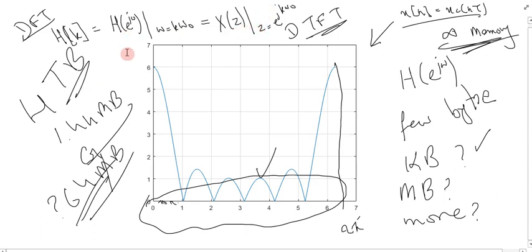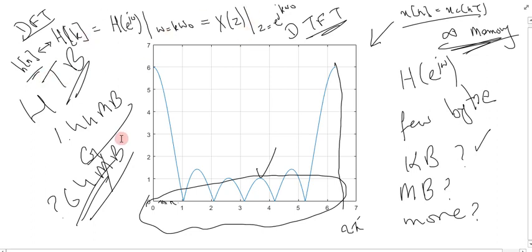The second thing is that your original signal h of n, for which you are calculating the discrete Fourier transform, is aperiodic, and you want to save its samples.